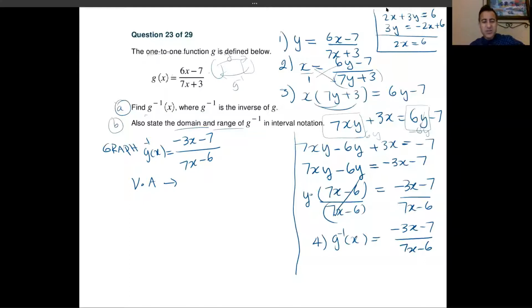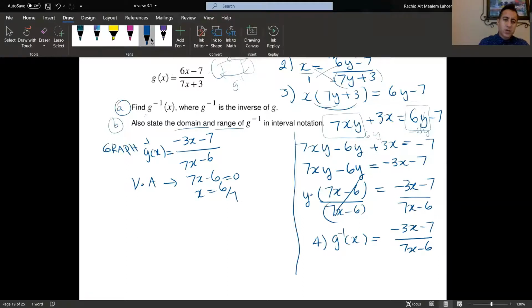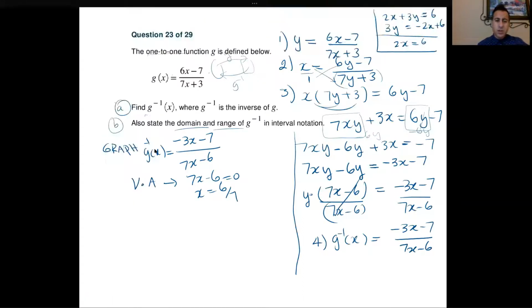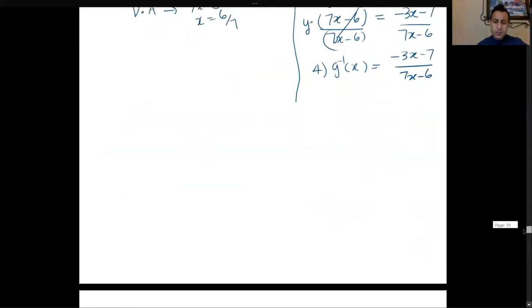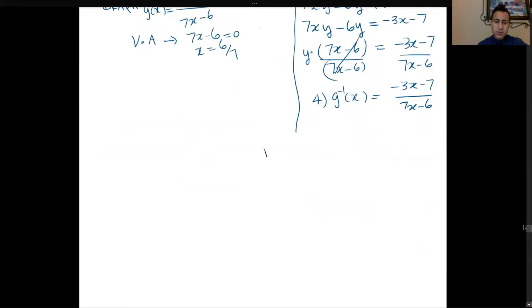The vertical asymptote here is just one. It's going to be 7x minus 6 equals 0, so x equals 6 divided by 7. So this function here, if we were to graph it, let's do it here.